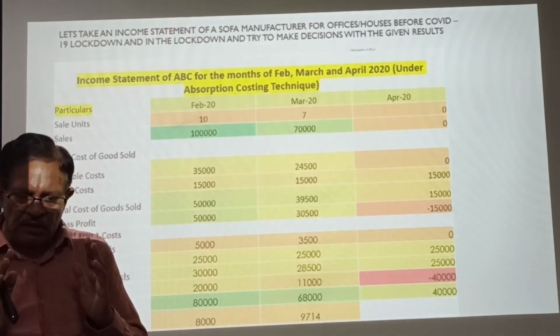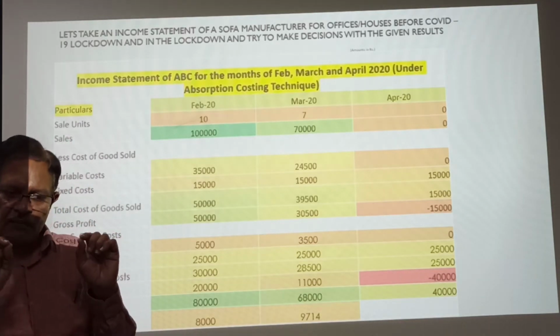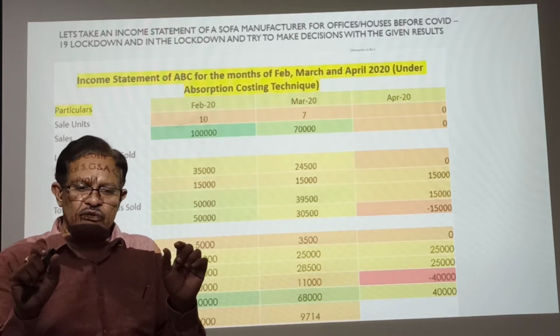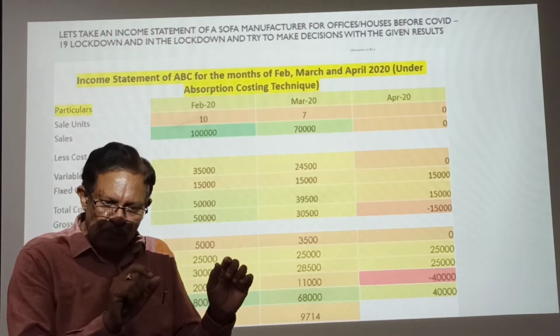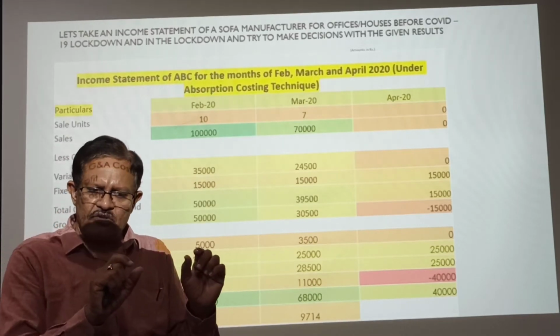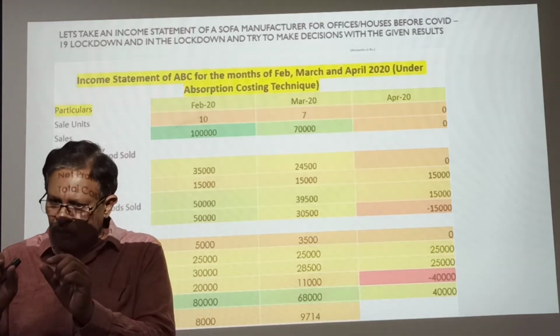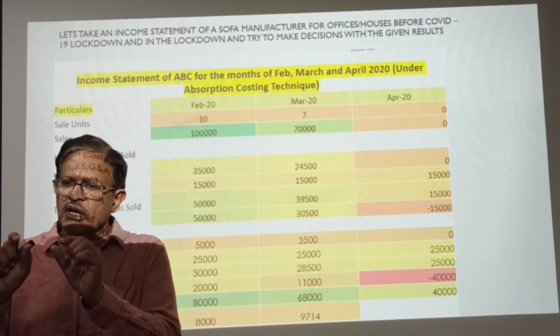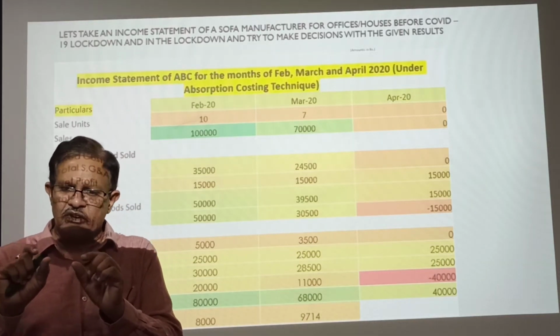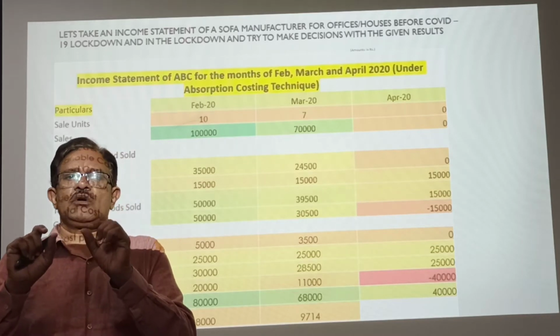These expenditures can be segregated into two things: one, fixed costs; second, variable costs. What are these fixed costs and what are these variable costs? We need to understand them clearly, and not only that, we need to understand the behavior of the fixed cost and also the behavior of the variable cost.